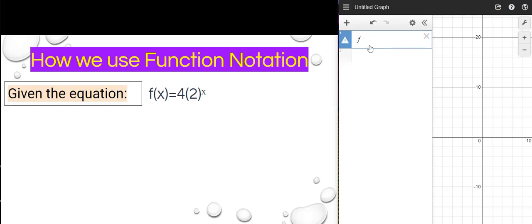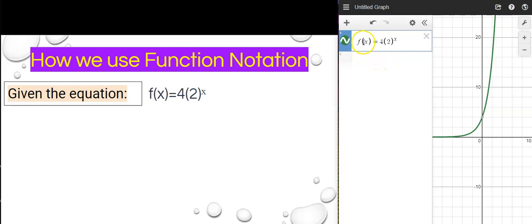So I'm going to put f, open parentheses, x, and I'm going to make that equal 4, open parentheses, 2. I'm just using parentheses because parentheses means multiply, okay? And I'm going to raise that 2 to the power of x as shown below. So we can see this green graph that's created, and it's definitely exponential, as we've already mentioned before.